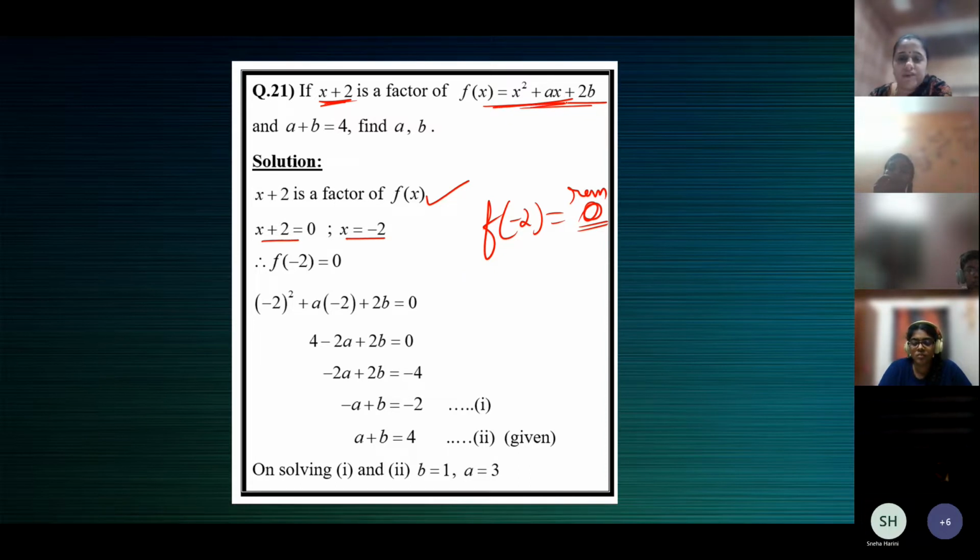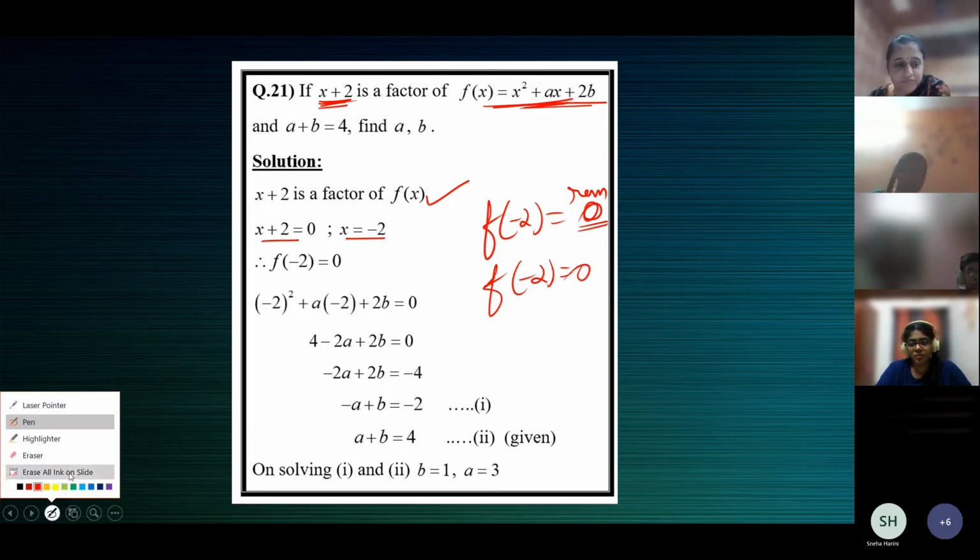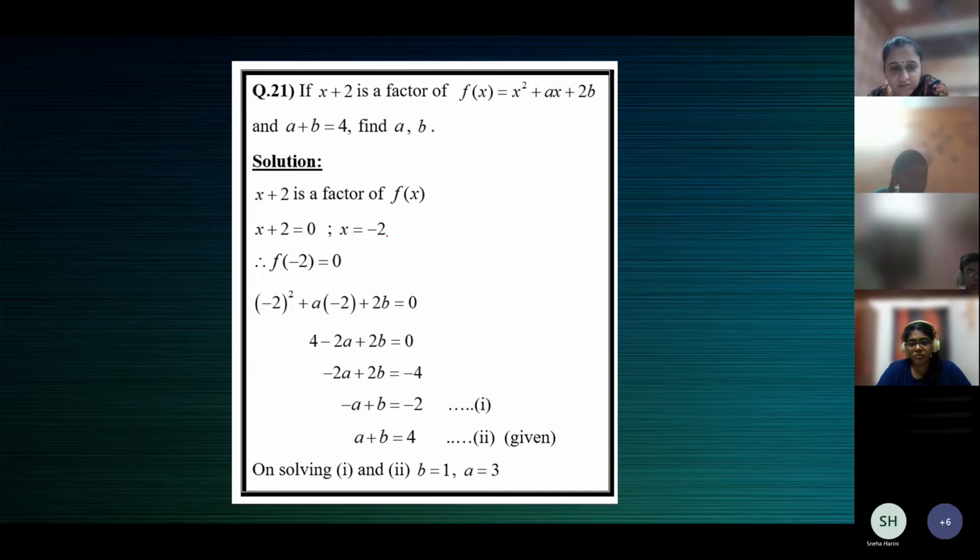When you divide f of x by its factor, the remainder will be 0. So remainder is 0. F of minus 2 is equal to 0. I'm not actually explaining this because this is of 9th standard. So if you don't understand, we have to go to the details of 9th.